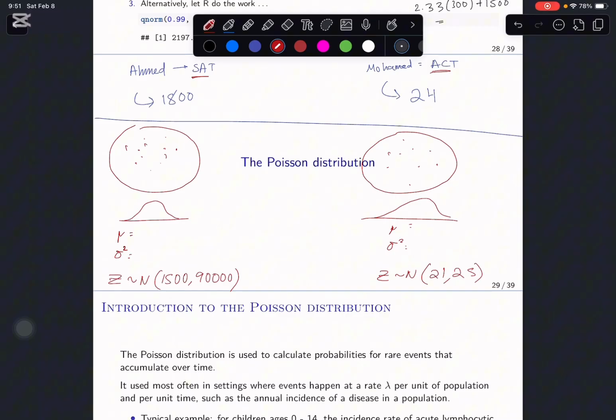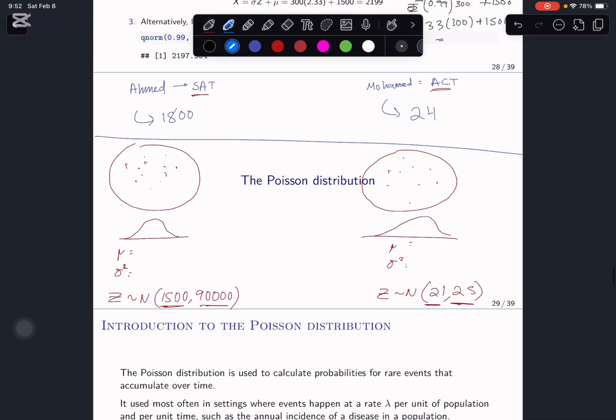They gave you the mean, they gave you the variance. Now what you're gonna do is use this equation: Z equals X minus the mean over the standard deviation.